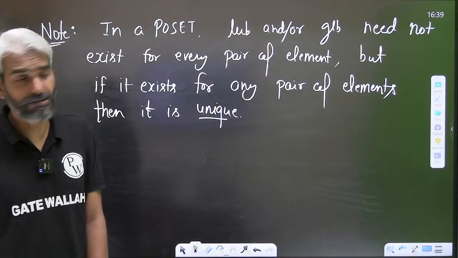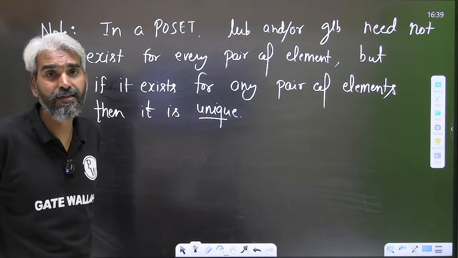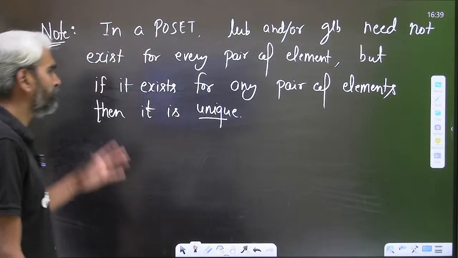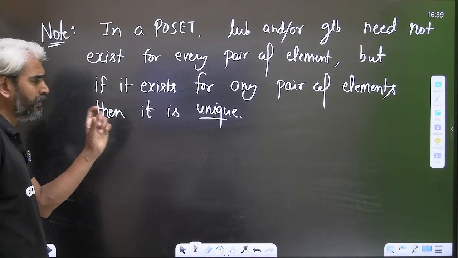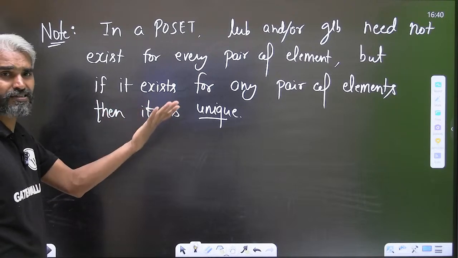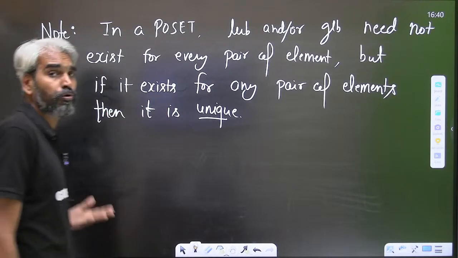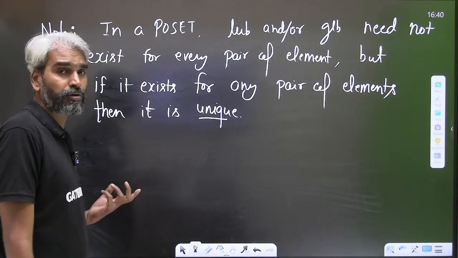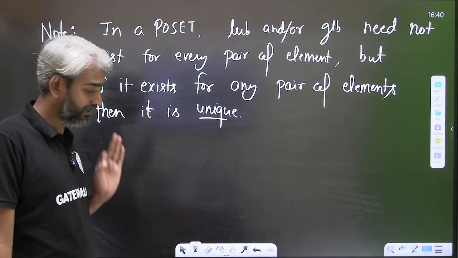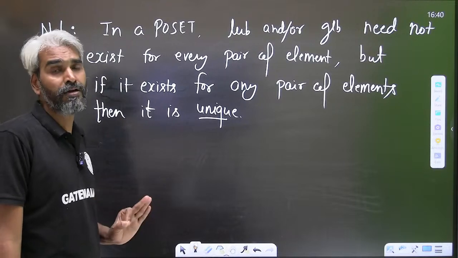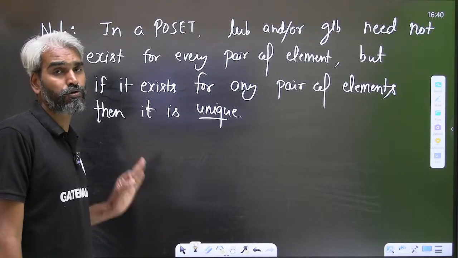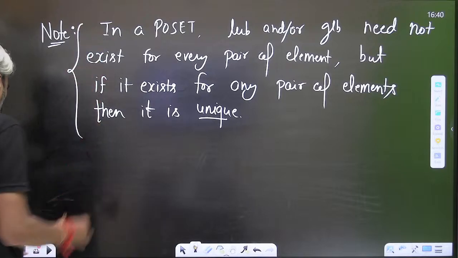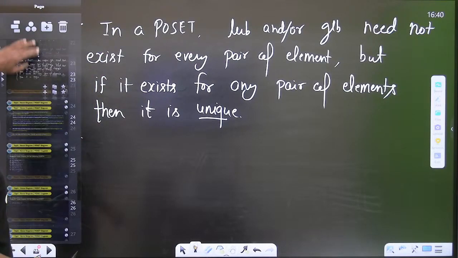Similarly, it is not possible that for a pair of elements A and B, there are 2 or more greatest lower bounds. If you fall in a situation where there are 2 such elements on the upper side, then we will say that there is no least upper bound, or there is no greatest lower bound for that particular pair of elements. There cannot be 2 or more least upper bounds or greatest lower bounds for a pair of elements. Okay, so I hope we have understood the concept of least upper bound and greatest lower bound.